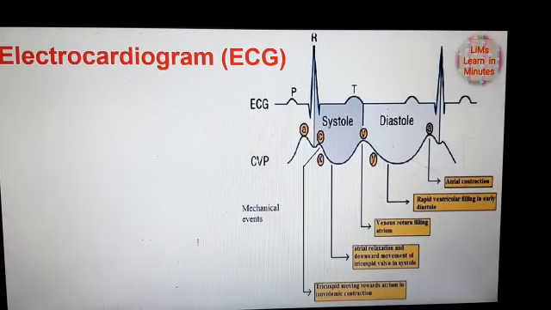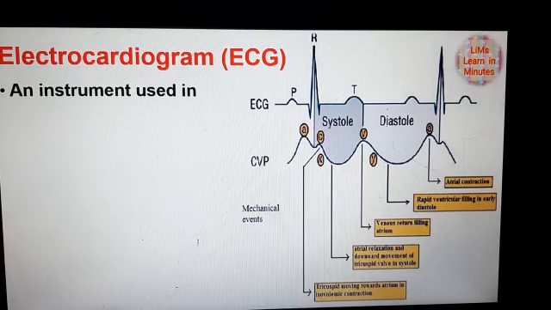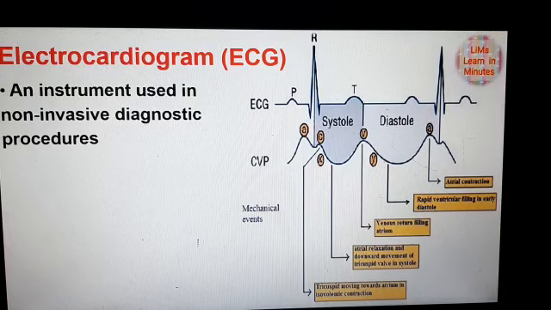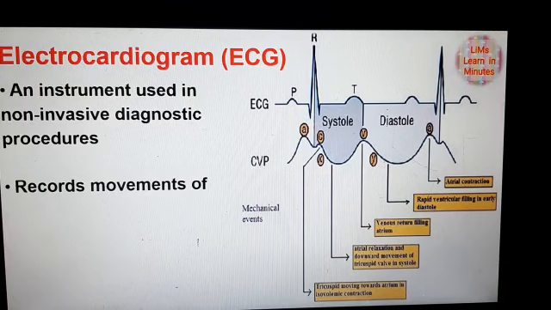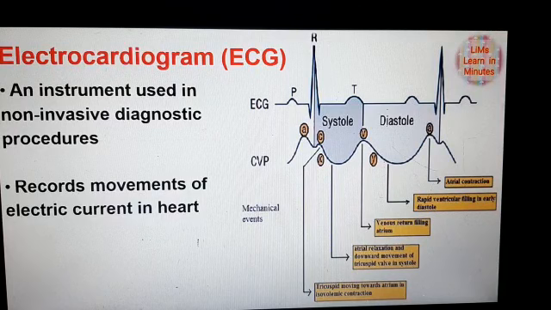Let's see about the electrocardiogram, also known as ECG. The electrocardiograph is an instrument routinely used in non-invasive diagnostic procedures. It records movements of electric current in the heart. Electrodes called limb leads are placed on the left and right arm and left leg.